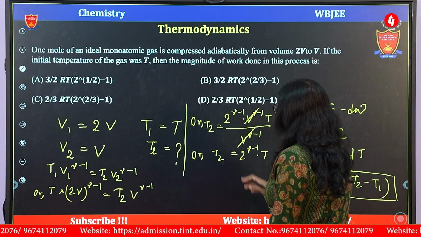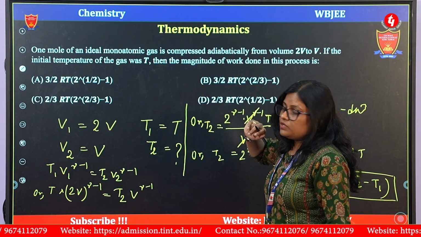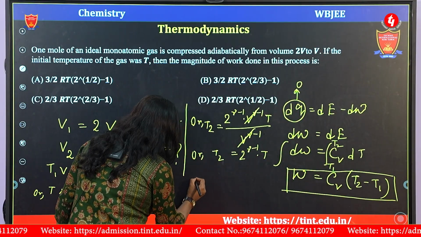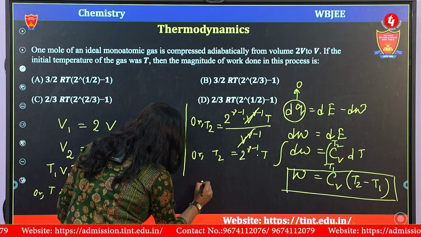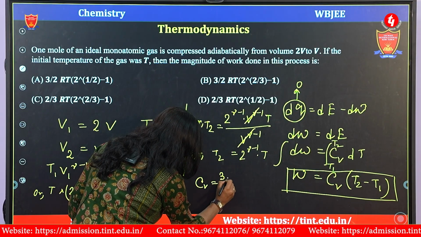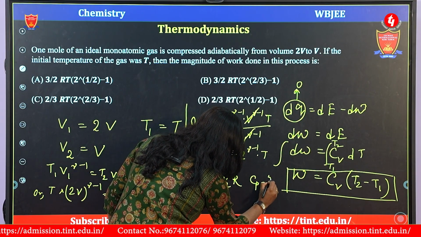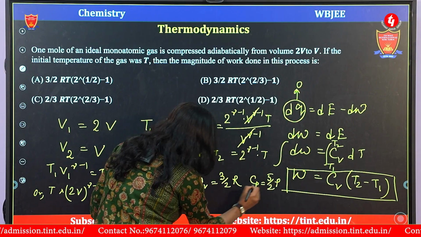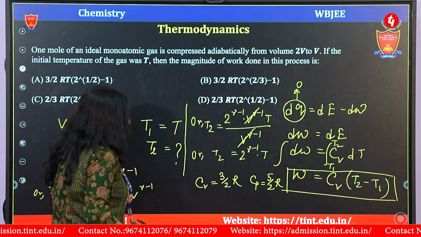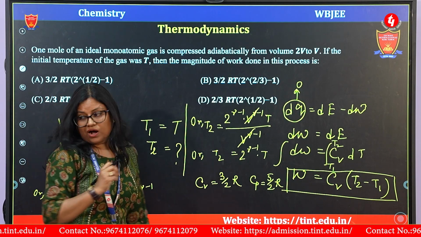Now, this is a monoatomic gas. For a monoatomic gas, we know Cv equal to 3 by 2 R and Cp equal to 5 by 2 R, and Cp by Cv is equal to gamma.